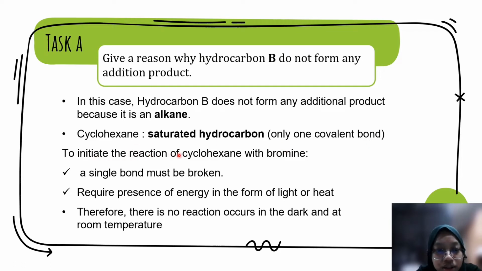So to initiate the reaction of cyclohexene with bromine, it must fulfill these two requirements. The first one is a single bond must be broken, and the second one is it needs the presence of energy in the form of light or heat. In the previous information, the hydrocarbon reacts in the dark reaction, therefore there is no reaction occurs for hydrocarbon B.